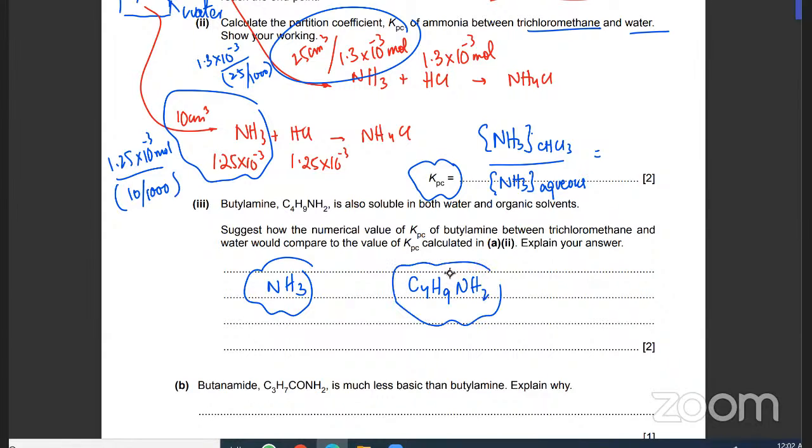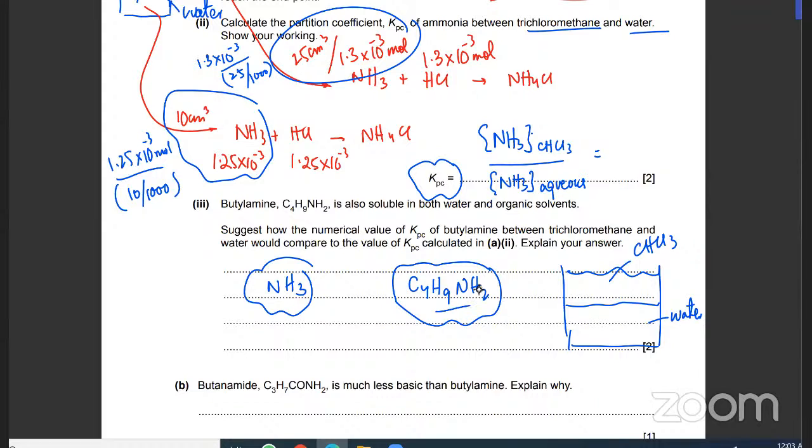You have the same partition. One of them is water, the other one is trichloromethane, which is an organic solvent, less polar. So which one is going to be more soluble in water, relatively speaking? We already know about ammonia, but butylamine, will it be more or less soluble?